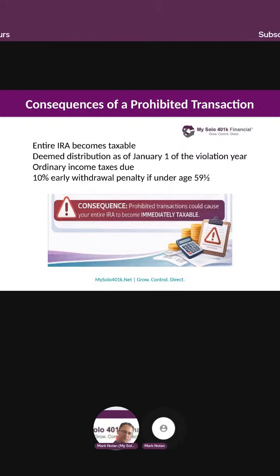And if the IRA participant is under age 59 and a half, an additional 10% early distribution penalty will also apply. An example, if a self-directed IRA worth $500,000 engages in a prohibited transaction, the full $500,000 becomes taxable. Early withdrawal penalties may apply.